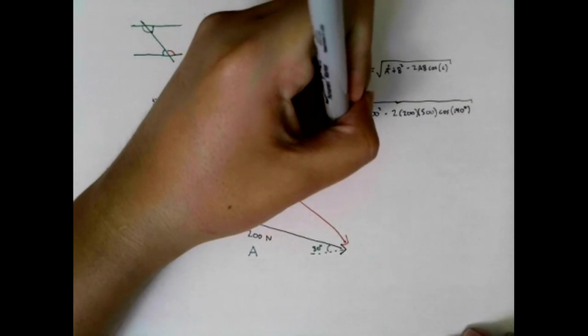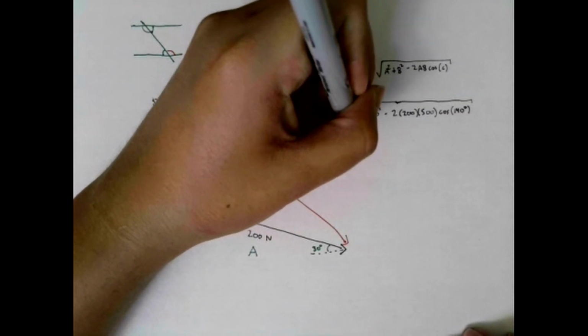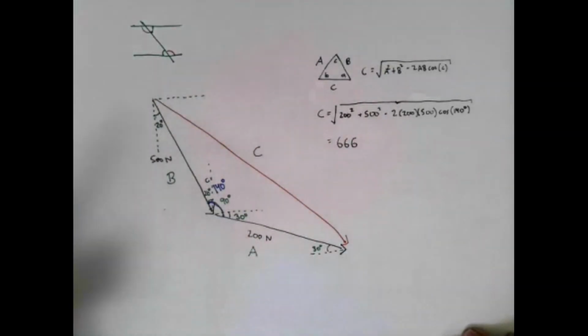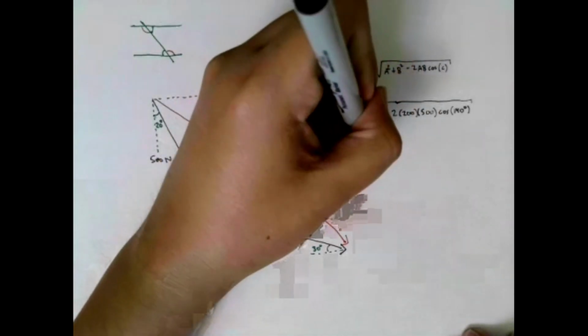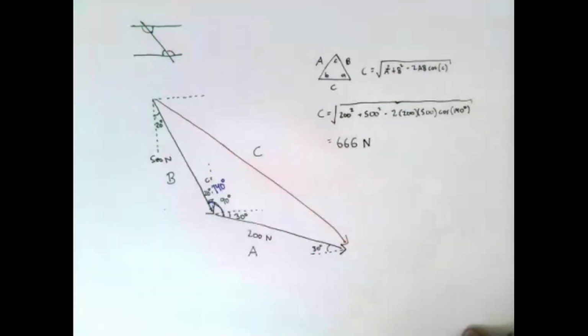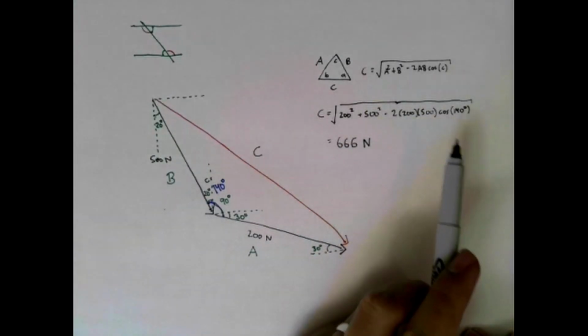Let's keep it to 3 sig figs, so let's say 666. And what are the units of that? Newtons, because we calculated the magnitude. Yep, now you're good. Because you're going to have newton squared, newton squared, newton squared, and then take the square root of that, you get newtons for your units.